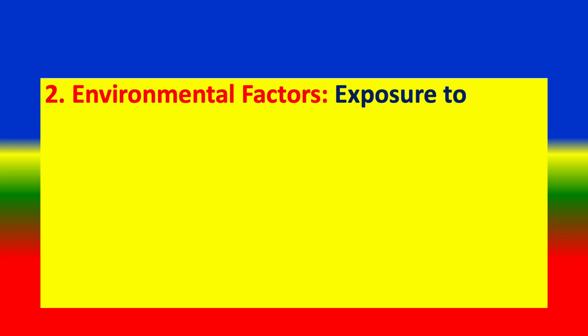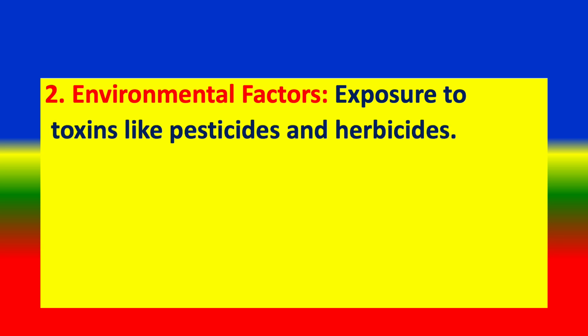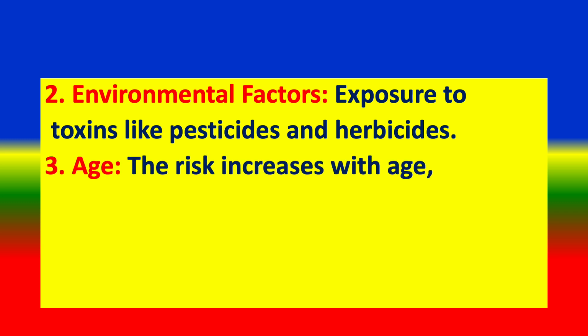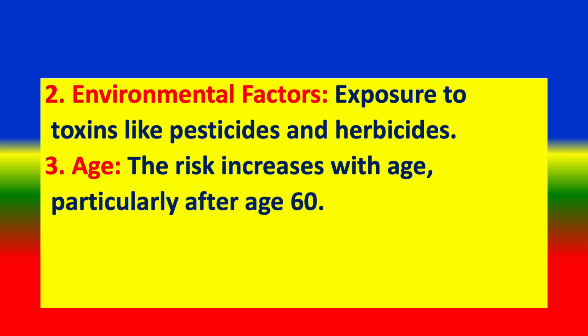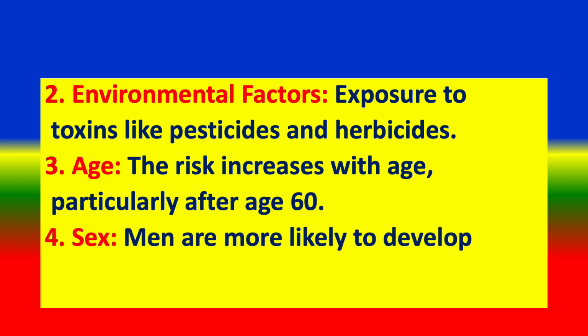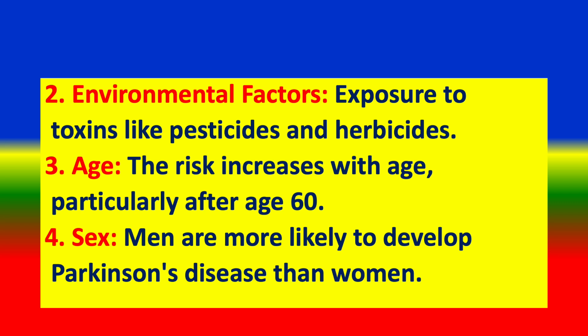Environmental factors: exposure to toxins like pesticides and herbicides. 3. Age: the risk increases with age, particularly after age 60. 4. Sex: men are more likely to develop Parkinson's disease than women.